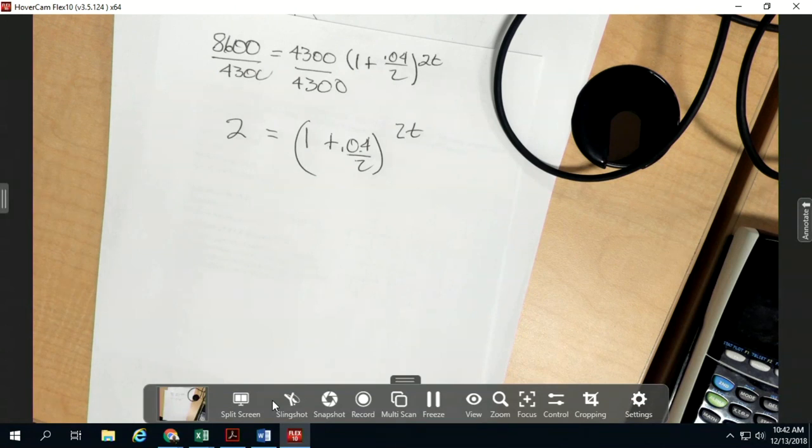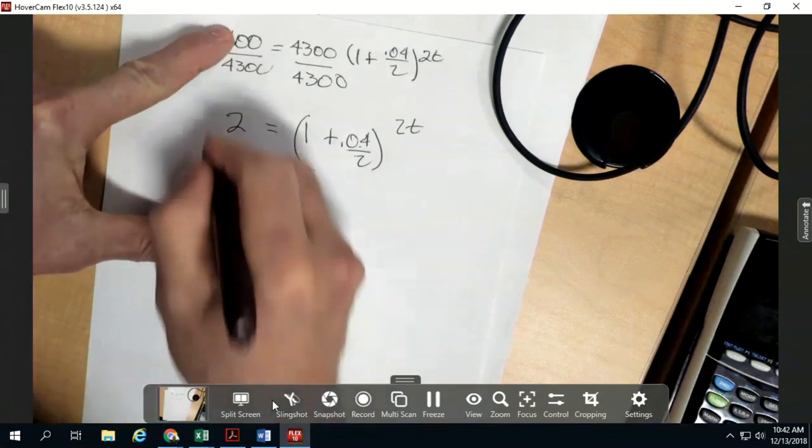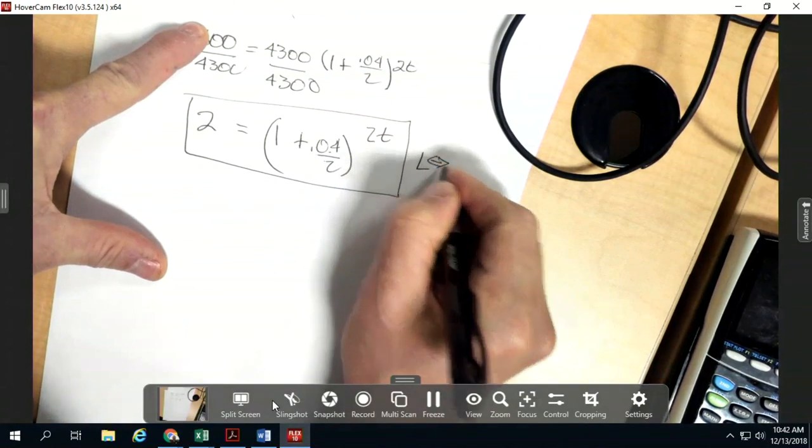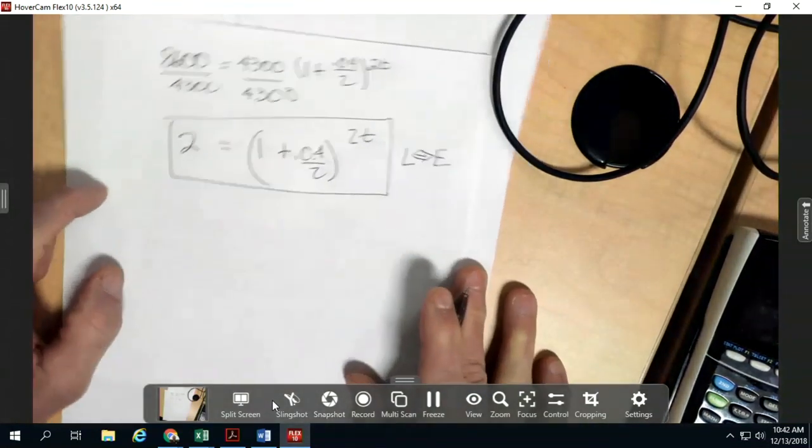We're looking for an exponent. When we're looking for an exponent, we have to use the log to exponent equivalent.